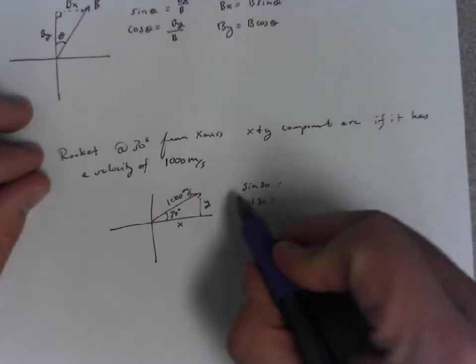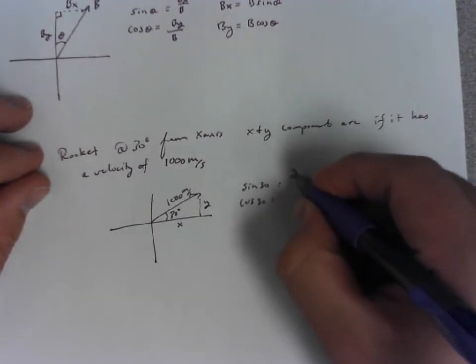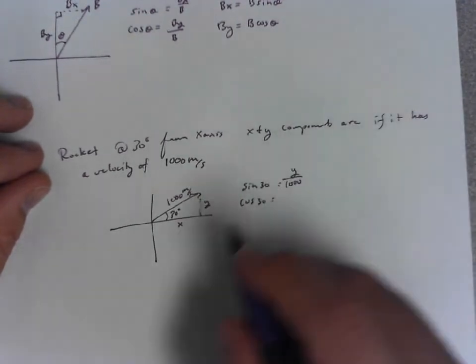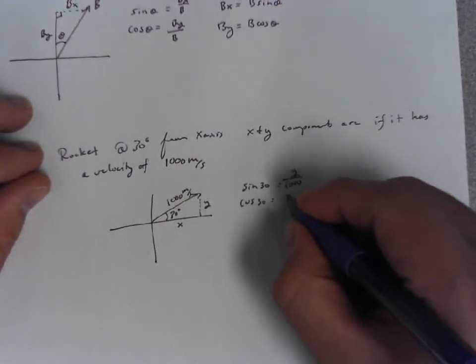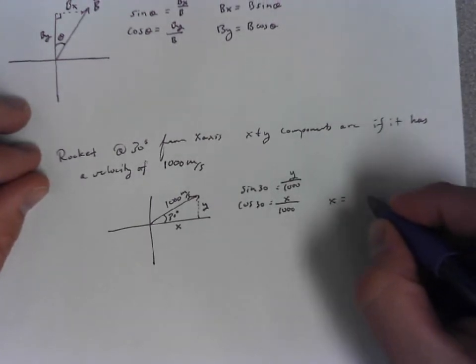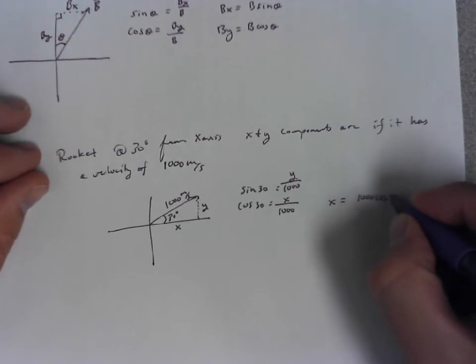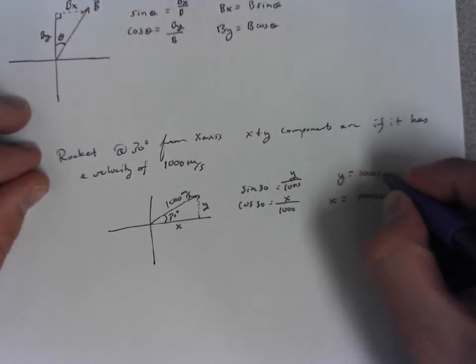Okay, and I'm going to get sine of 30 is Y over 1,000. And then cosine of 30 is this X over 1,000. So my X value here, that's going to be 1,000 cosine 30. And this is going to be my Y here is 1,000 sine 30.